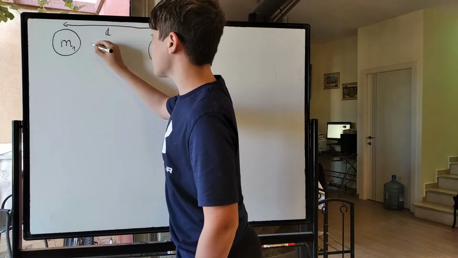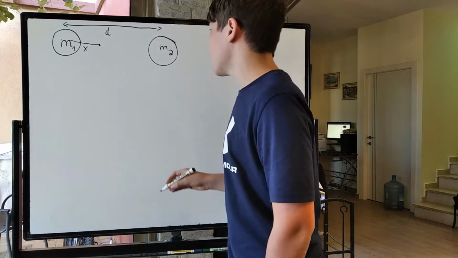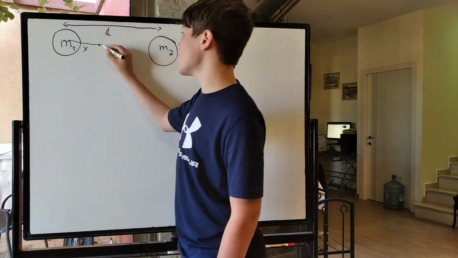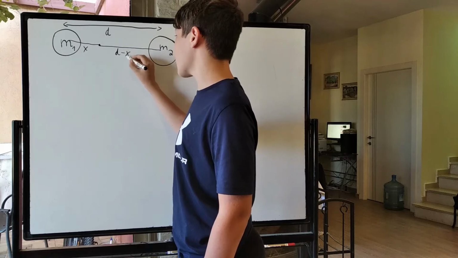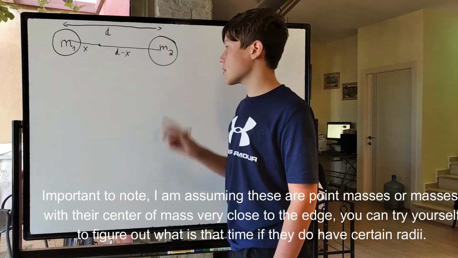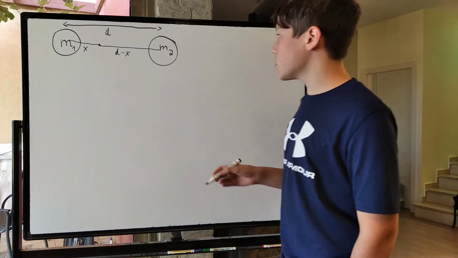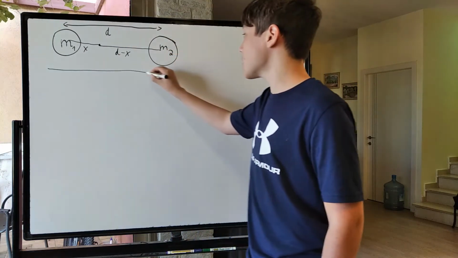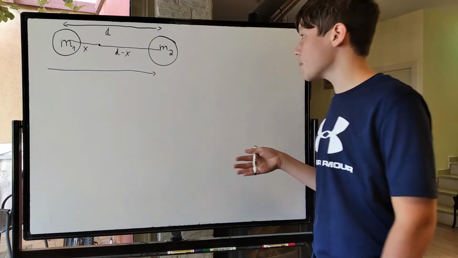We're going to define a distance that m1 passes as x, which means, because the total overall distance is d, the distance that m2 passes is d minus x. And we will try to find x with this. Let's also define our positive direction to go this way, just so everything is simpler.